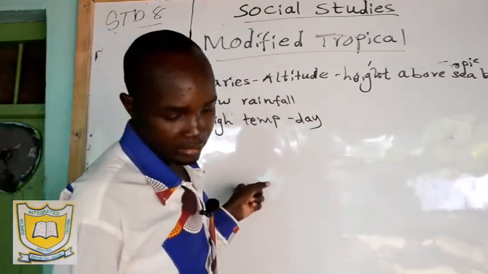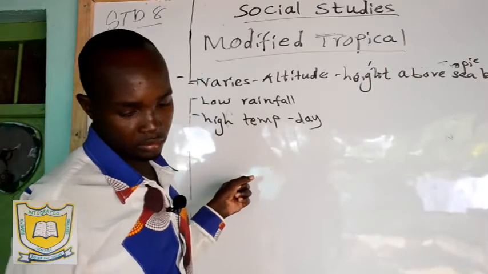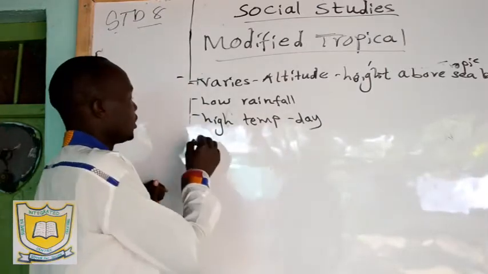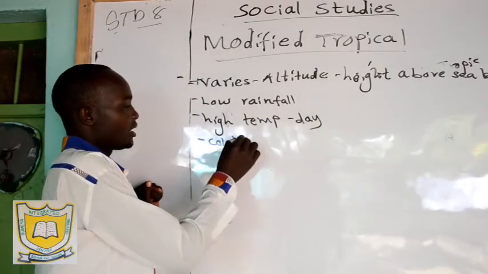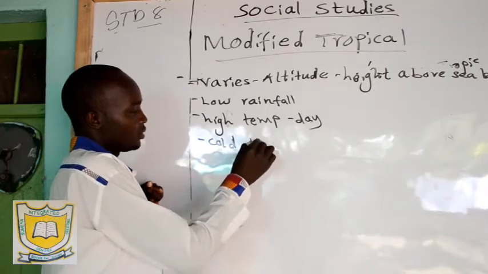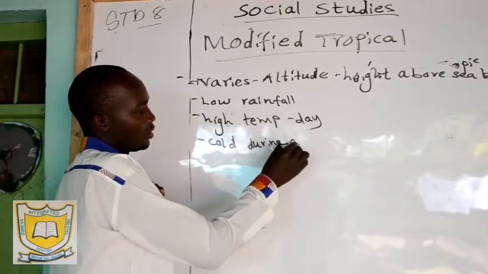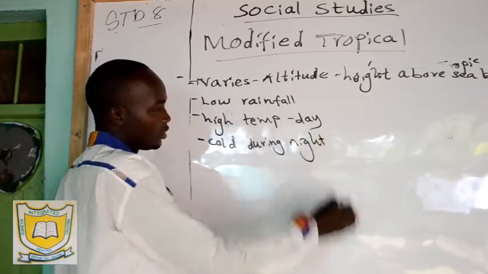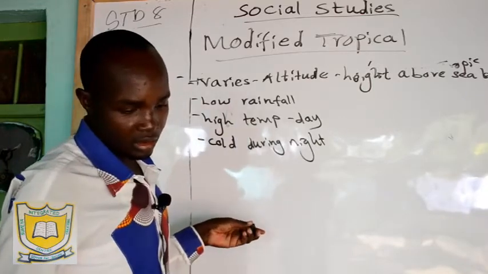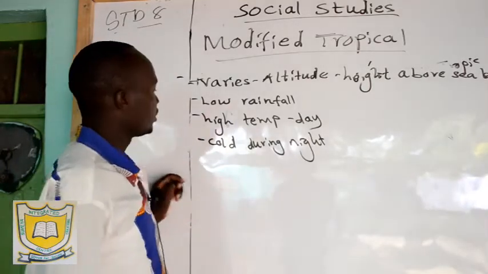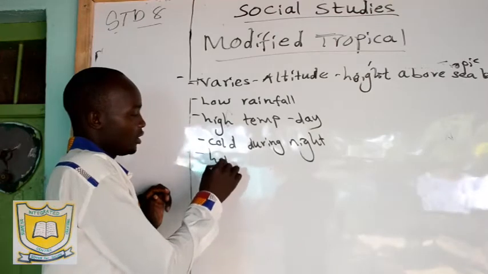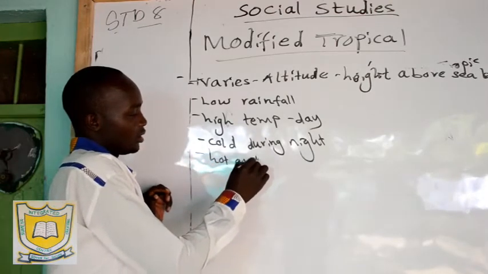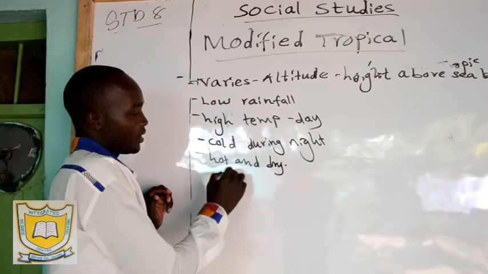And then it is cold during the night. During the night it's very cold also. And lastly, the air is hot and dry in some areas.